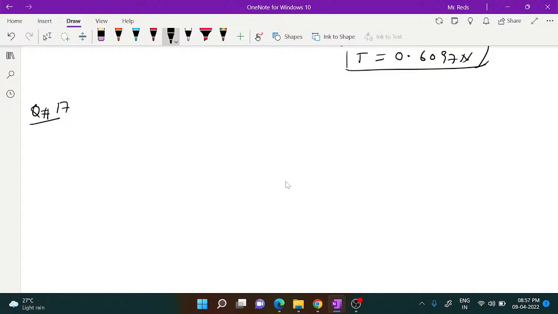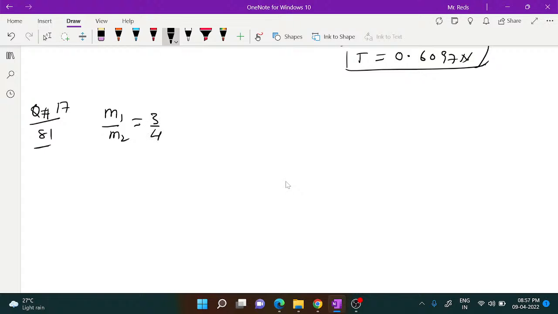Number 17. It is given that two wires of the same material have masses in the ratio 3:4. Masses in the ratio 3:4 means, let us take m1 by m2 is equal to 3 by 4.